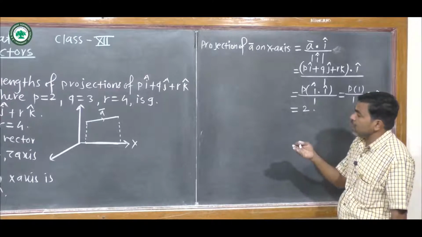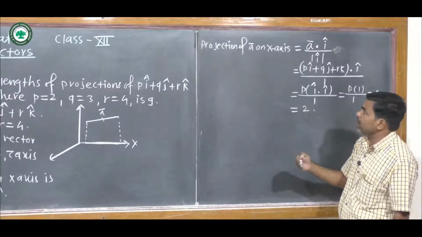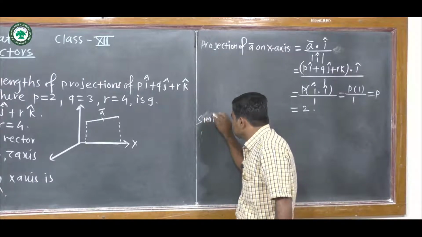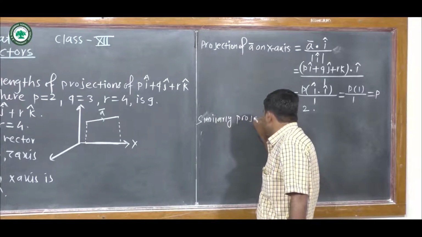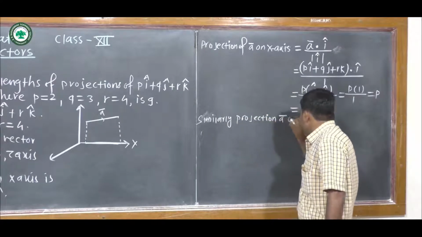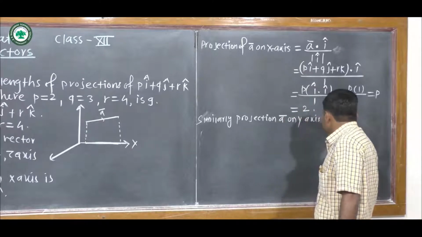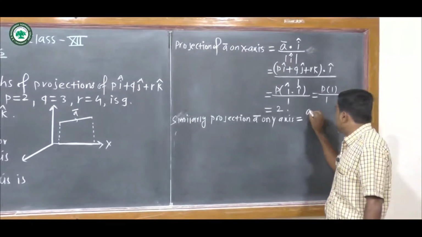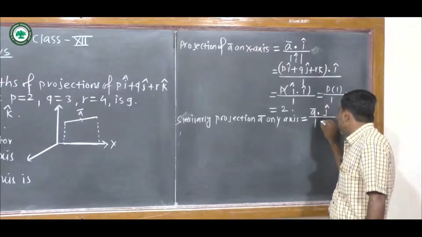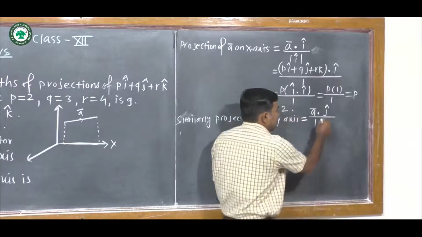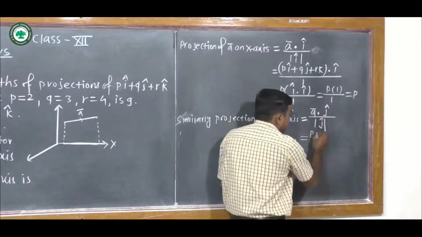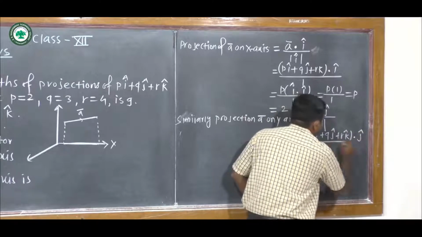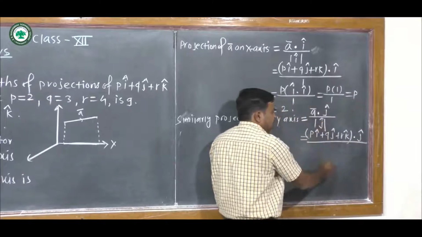Similarly, projection of A bar on y-axis is nothing but the projection of A bar on J cap, and projection of A bar on J cap is A bar dot J cap divided by magnitude of vector J. Again it is equal to P i cap plus Q j cap plus R k cap, dot with J cap divided by magnitude of vector J. J cap is unit vector, so its magnitude is 1.